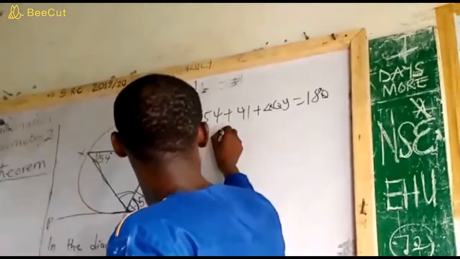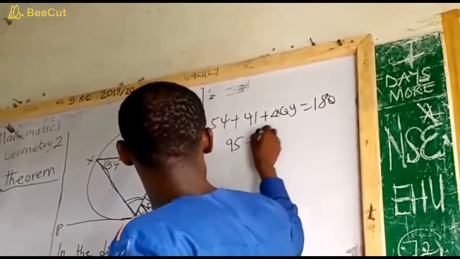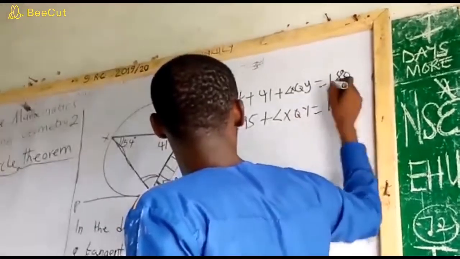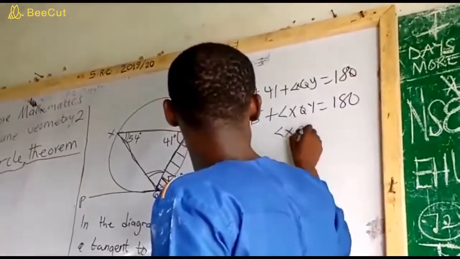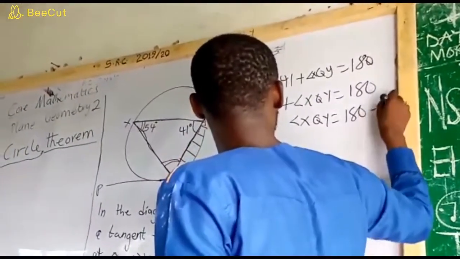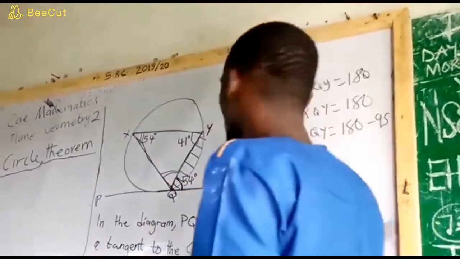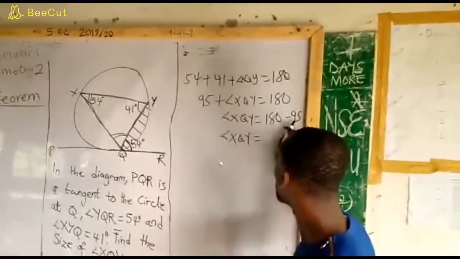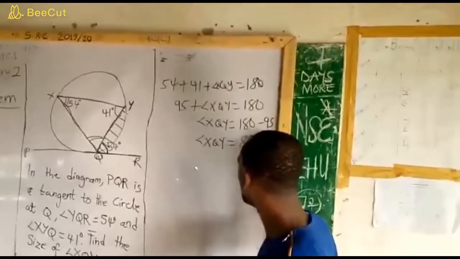So when I add, I get 95 plus angle XQY is equal to 180. So angle XQY is equal to 180 minus 95. So angle XQY is 85 degrees.